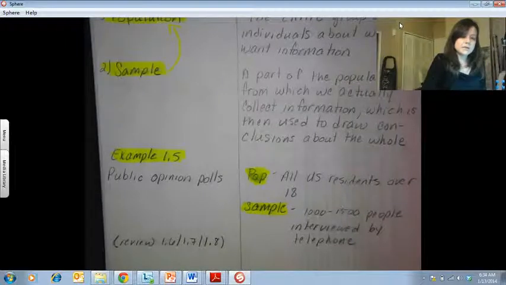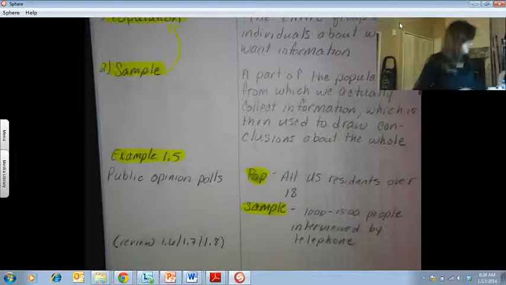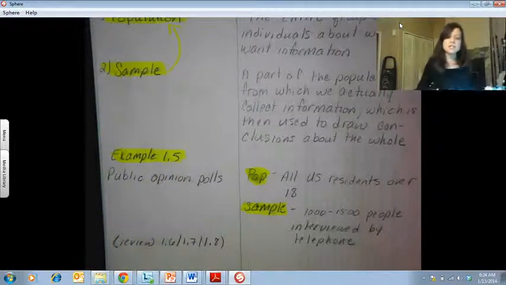Let's review examples 1.6, 1.7, and 1.8 in the book. 1.6, the current population survey. Read along with me in the book. I'm at the very bottom of page 10 still. Government, economic, and social data come from large sample surveys of a nation's individuals, households, or businesses. The monthly Current Population Survey, or CPS, is the most important government sample survey in the United States.